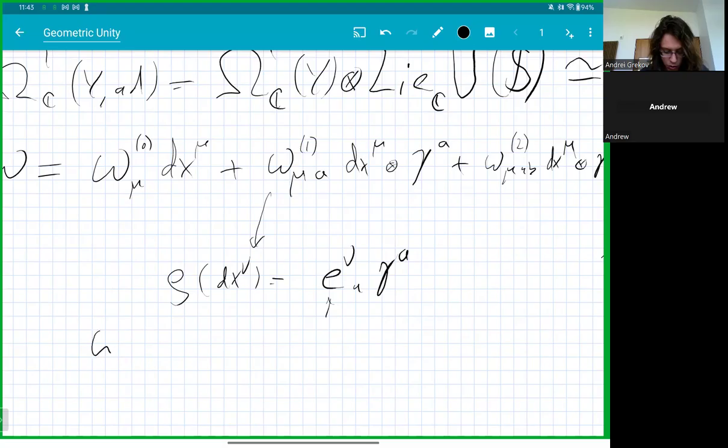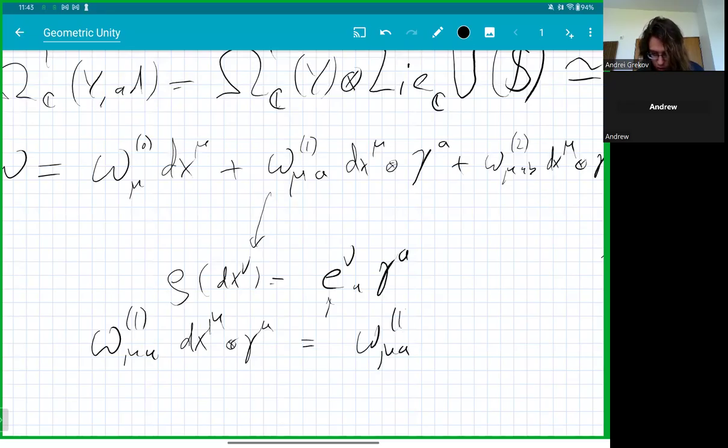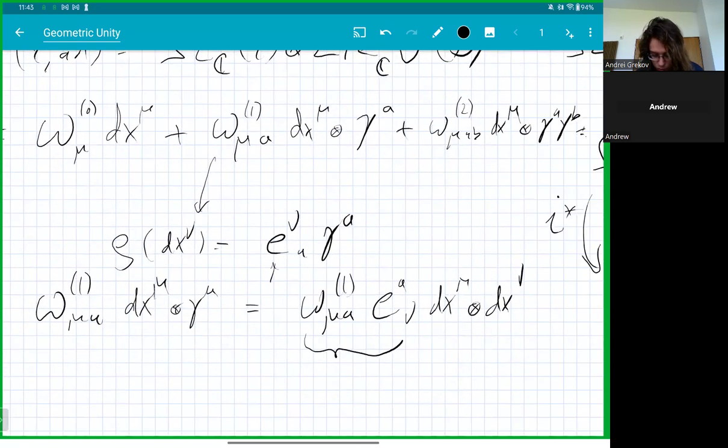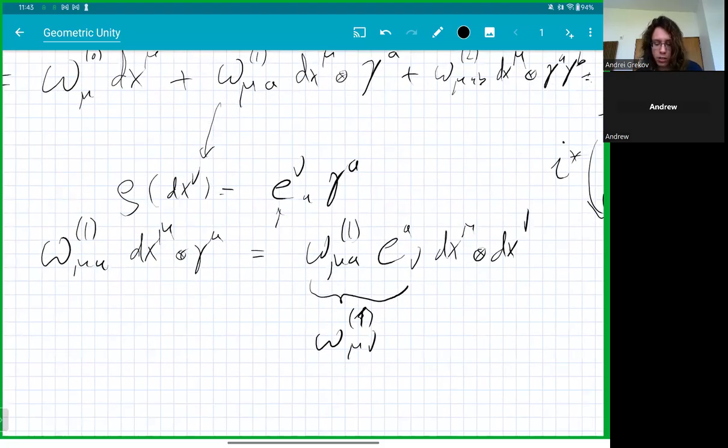And then we write omega mu a 1 dx mu gamma a as omega mu a 1 e a nu dx mu tensor dx nu, and this we call omega mu nu 1, and supposedly, I guess, it should reduce to a metric.